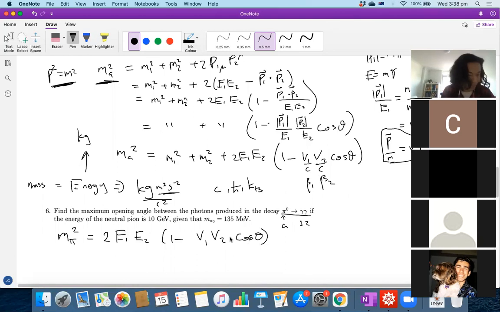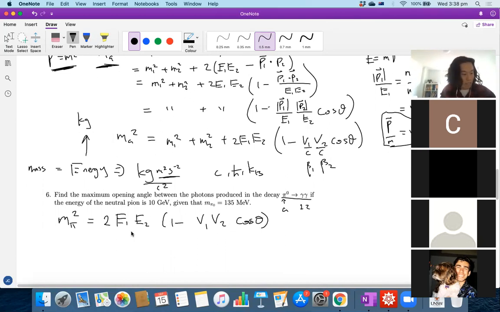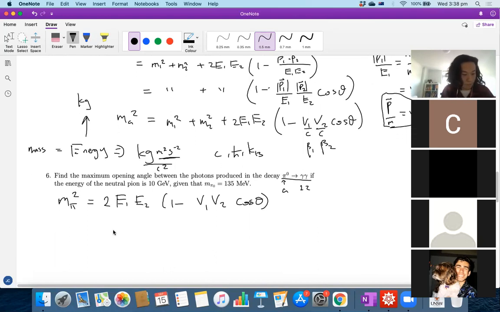I've gone back to natural units again. That's our starting point. Also, in natural units v_1 equals v_2 equals the speed of light because they're photons, and that is equal to 1. So I can simplify this a bit further. It's just 1 minus cos theta.